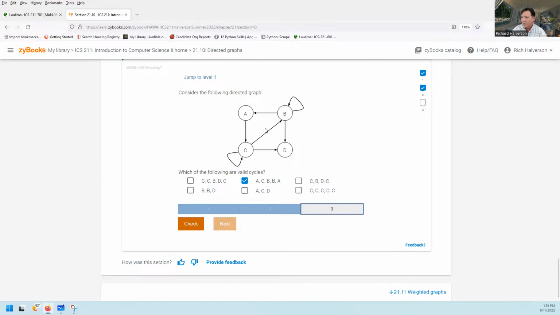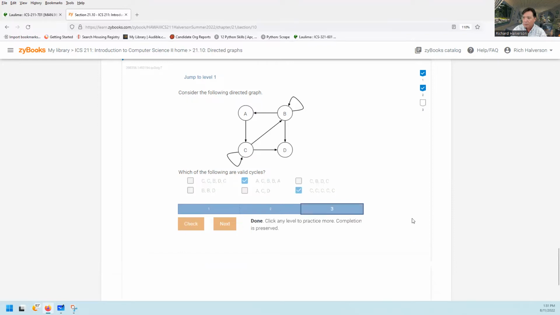C to B to D. Can't go from D to C, so that's not valid. This doesn't start and end at the same vertex, so it's not valid. And this does. That's valid. Okay, B to A, all right, that's good.